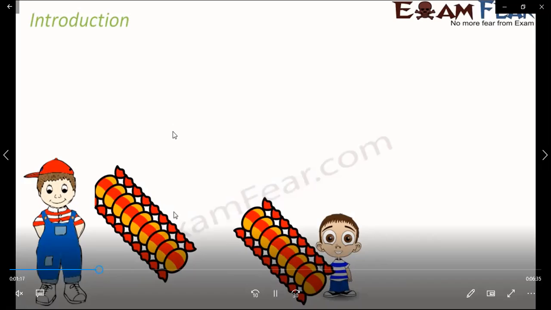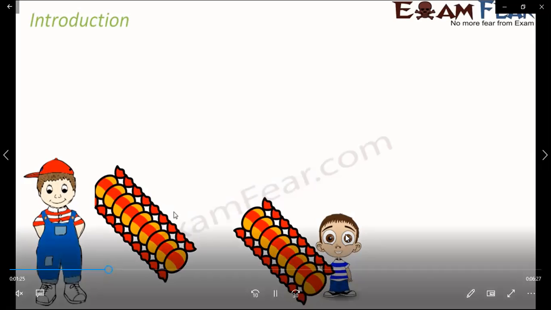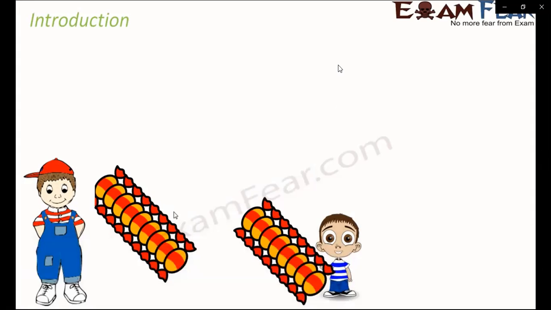Then we will start with the first child. We can say that his name is Ali, and the second one's name is Hussein. We want to represent how we are going to add the sweets of both of them.